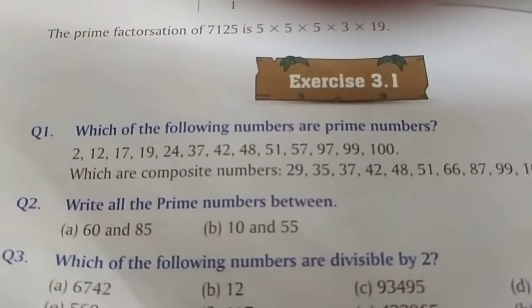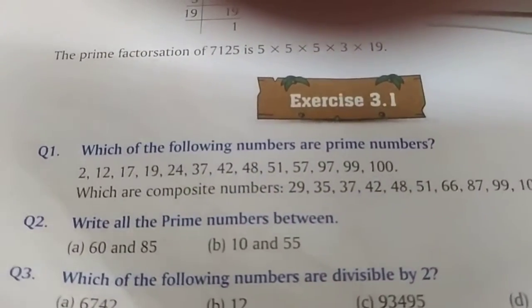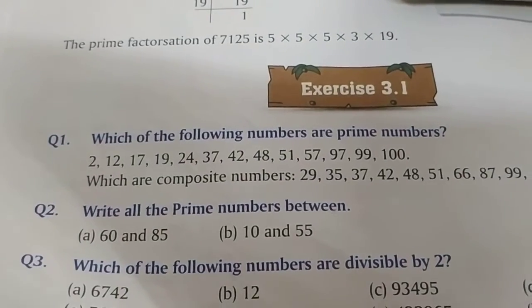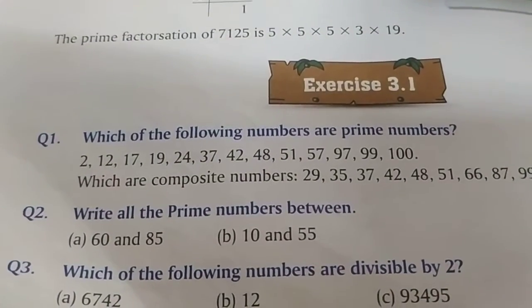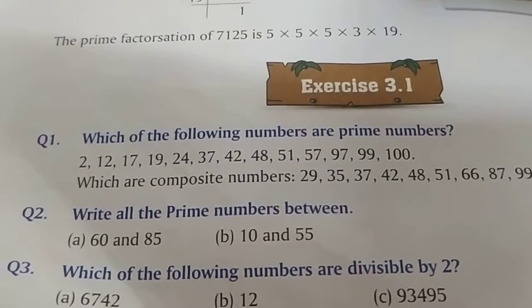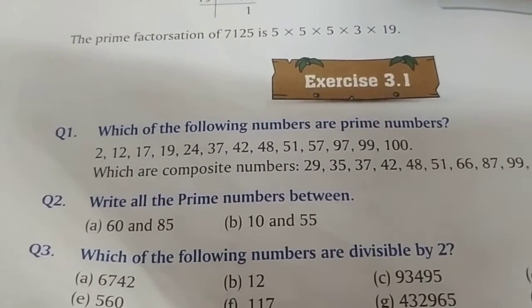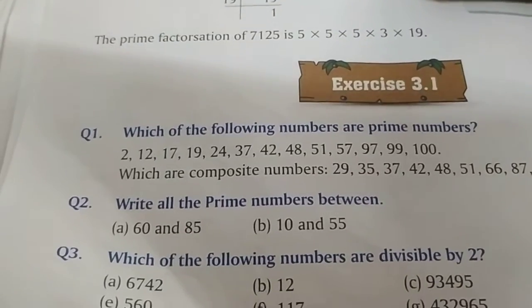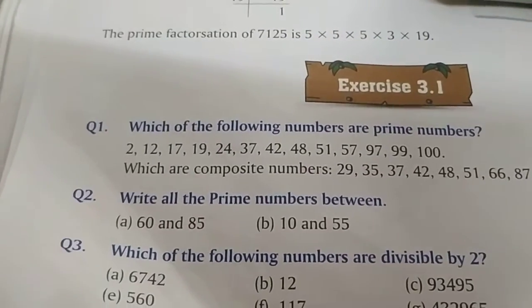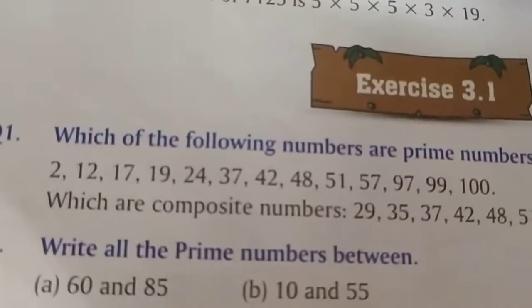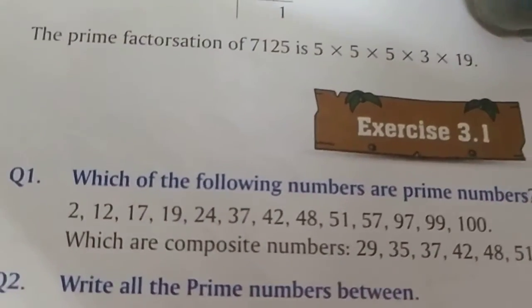What is 2? 2 is a prime number because it has only two factors, which are 1 and itself. What is 12? 12 is a composite number because it has more than two factors. For example, 12 comes in the table of 3, the table of 4, the table of 2 and 6. So 12 is a composite number.